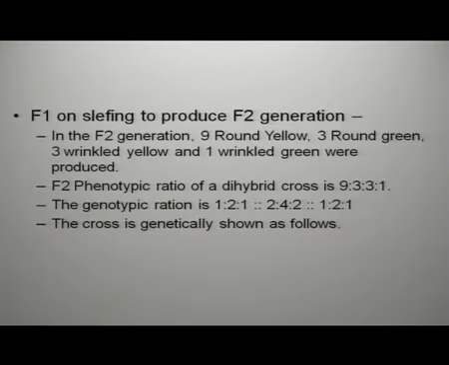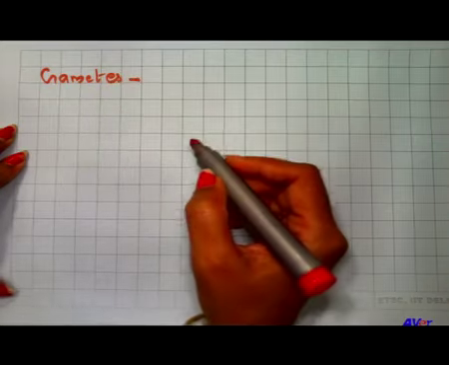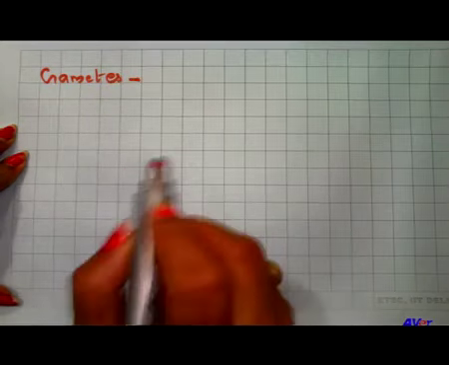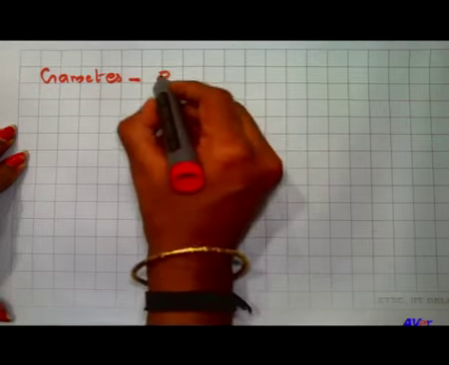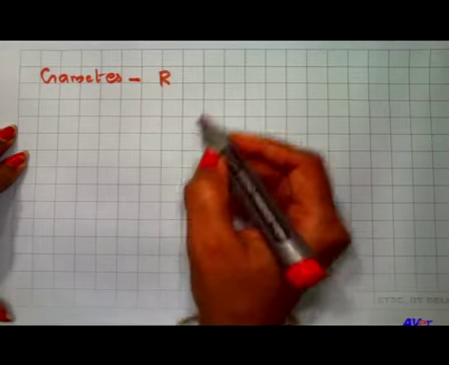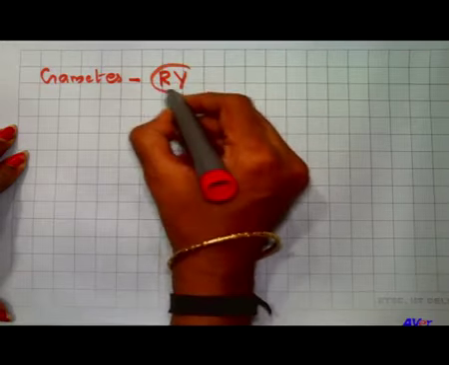Now, the different types of gametes. Listen how the gametes are produced. Capital R allele can combine with capital Y allele.